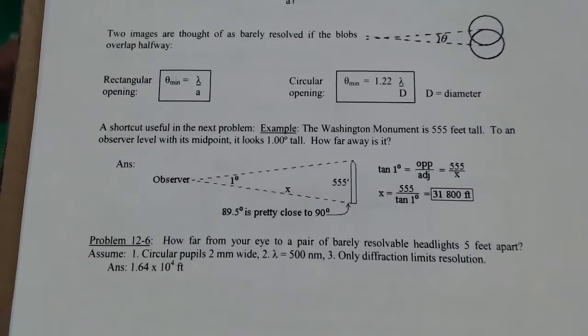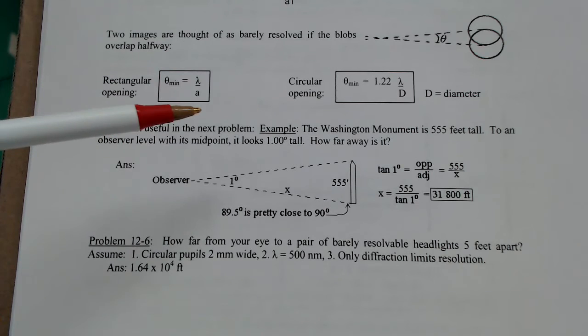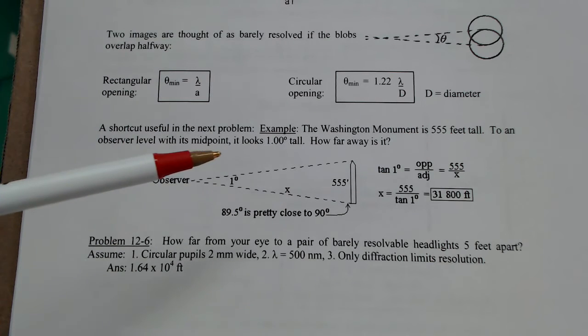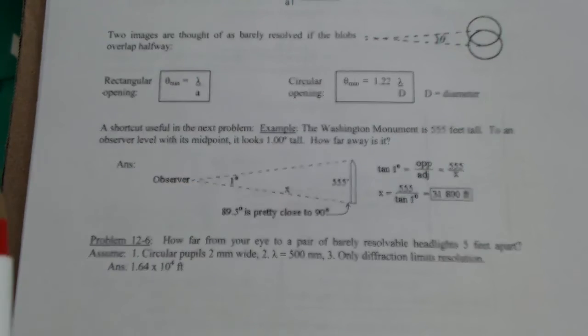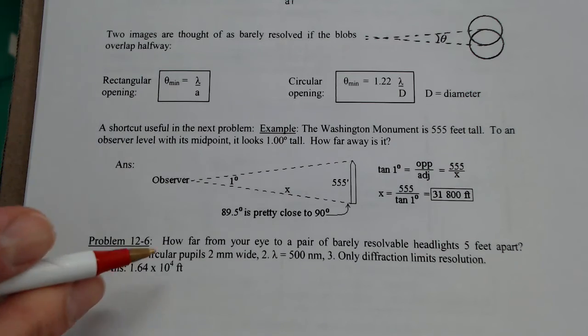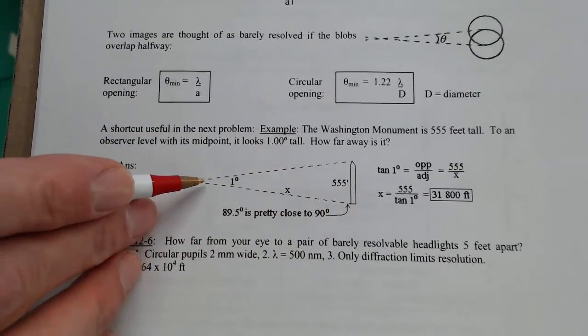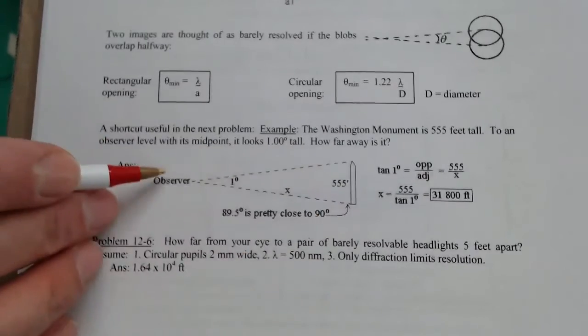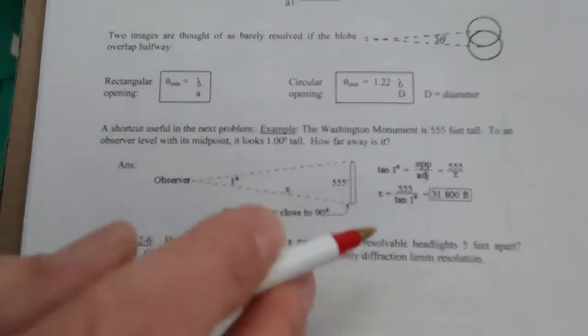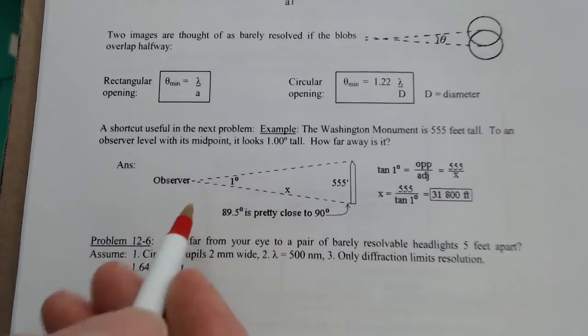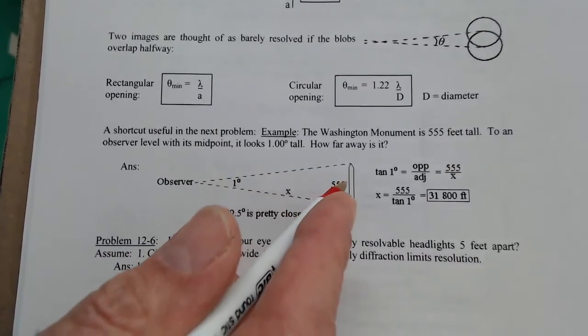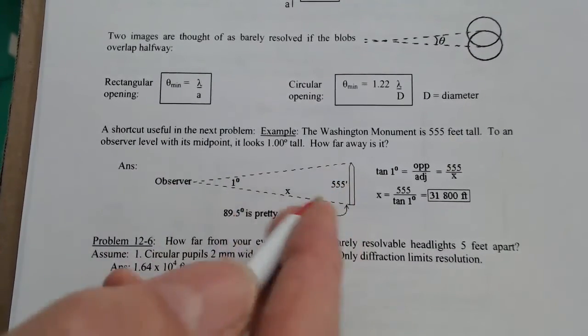One more example, and then we're done with this unit. And there's a little shortcut in the math that I'd like to suggest before I turn you loose on that, which is that once you get into this, you're going to be dealing with a very long, skinny isosceles triangle, like in this example here. Well, what you could do is draw a line down the middle and make it into two right triangles that way.